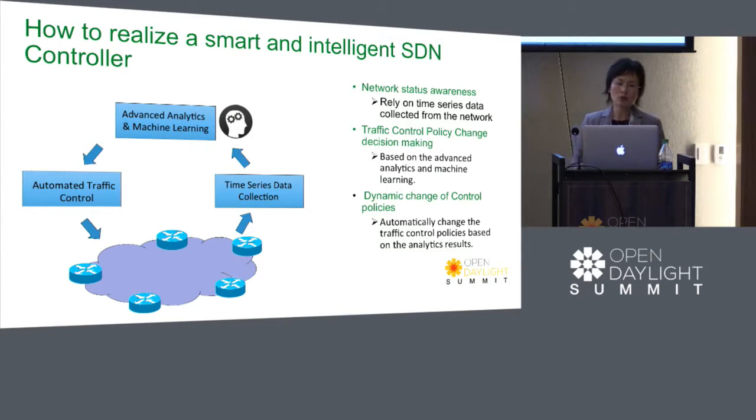At a high level, we believe that's how it's going to work. At the bottom, you can see the network, and we have time series data collection, continuously collecting data from the network. Then we feed it to the advanced analytics and machine learning construct, which is the ODL AI/ML framework.